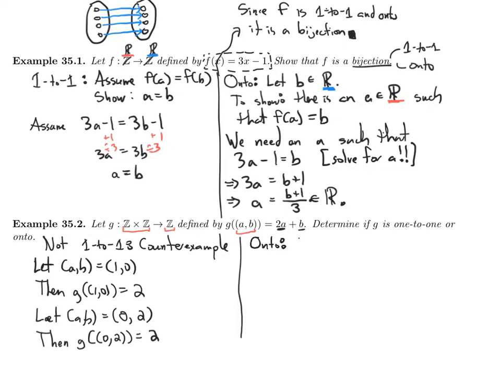So pick an element in our codomain. We're using a and b already, so let's call it n. So we'll pick an integer, and we need to show there's some ordered pair that gets mapped to n. So that ordered pair is going to be as follows.